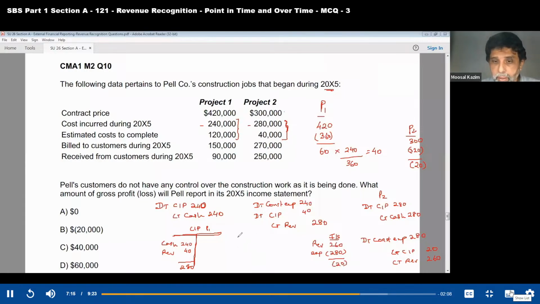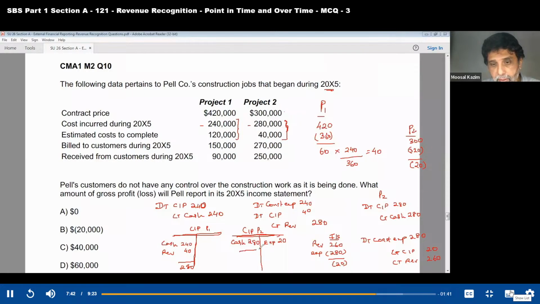So what about the CIP account for project two? CIP project two. Cash 280. CIP credit, so by construction expense, you're getting a credit of 20.